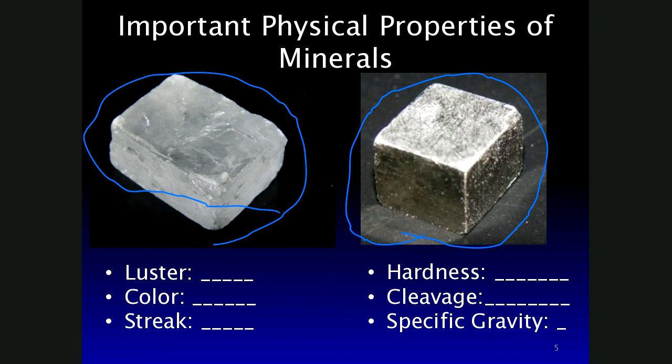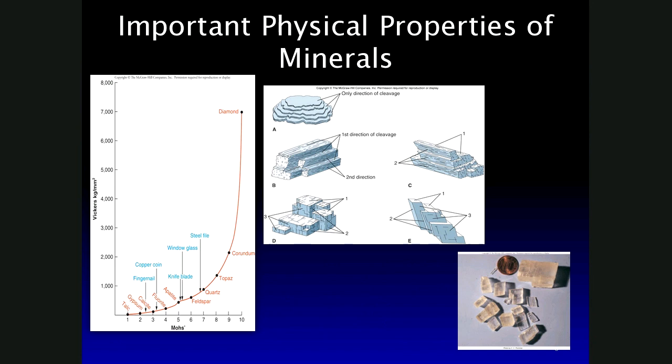The one to the right with metallic luster will never do that. So I can conclude that cleavage is present in the mineral to the left and it is absent in the mineral to the right. So cleavage is the way a mineral shows a tendency to break in a predictable manner. And like is shown right here, this mineral is shown breaking in a predictable manner because I can see it broke down into smaller fragments with similar shape.